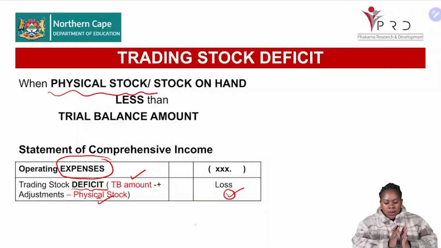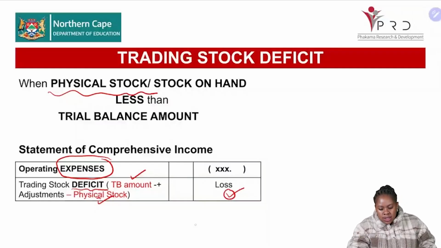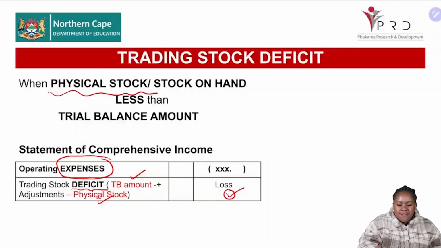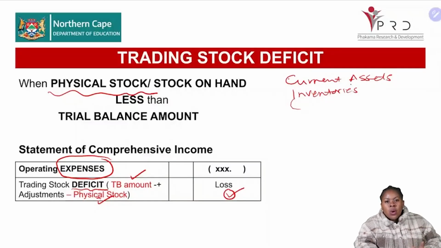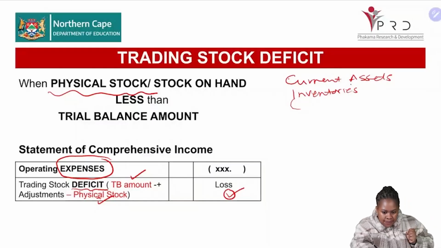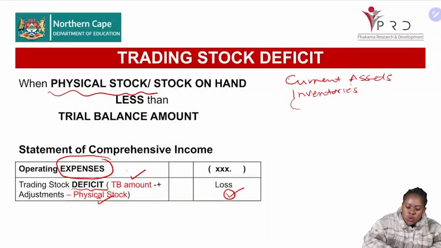Okay, now, when you are dealing with the trading stock deficit, trading stock surplus, how does it then affect your statement of financial position? Basically, you are going to go to your current assets, and under your current assets, you are going to have inventories. Now, inventory note is recording any stock that you have on hand, meaning what is left. Okay, so what are we going to use? We are going to use the physical stock amount.